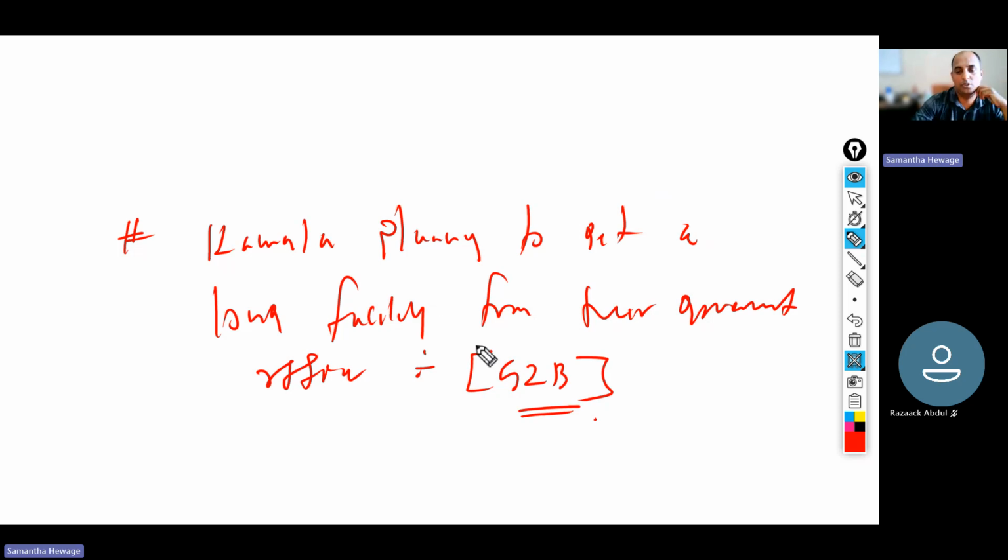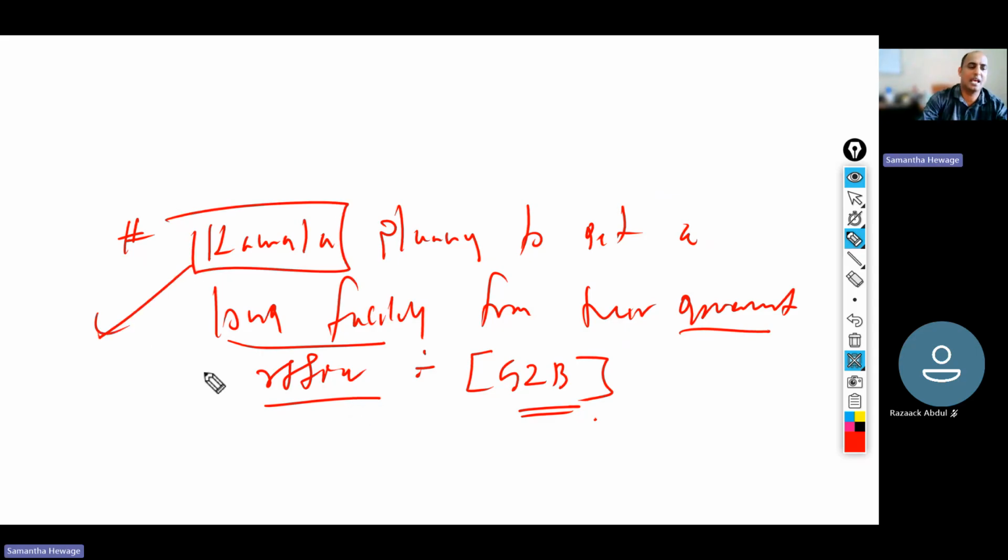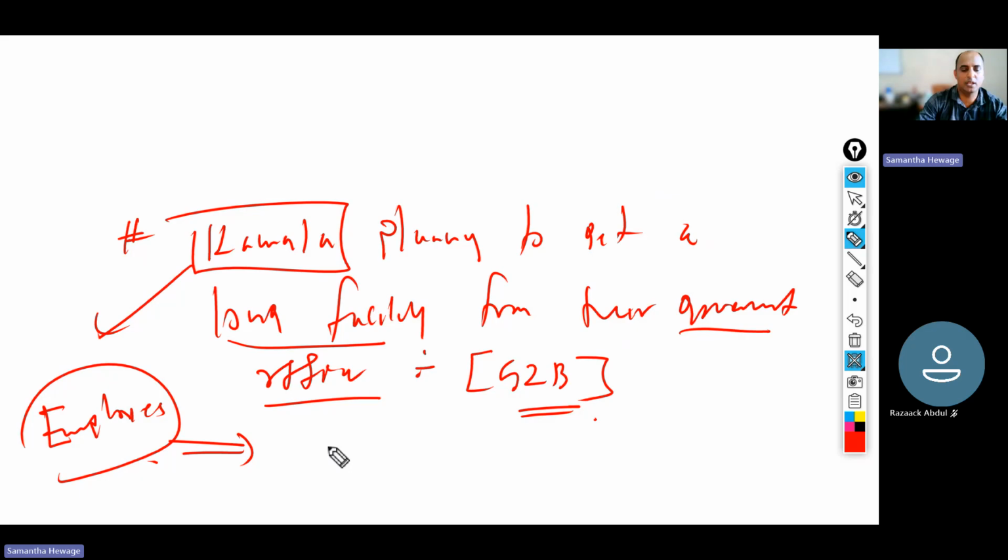Okay, but I said that Kamala is planning to get a loan facility from their government office. Then this Kamala is working as an employee. If Kamala is working as an employee, what would be the correct answer? Government to employee.